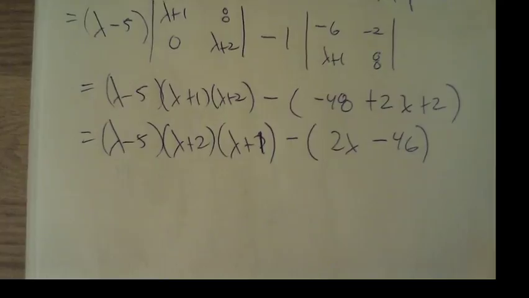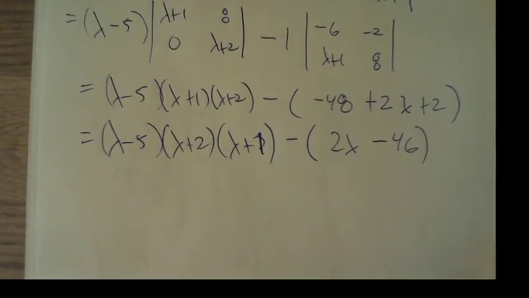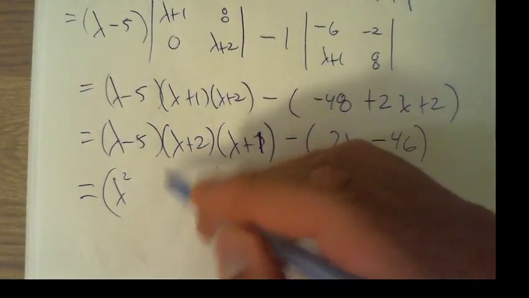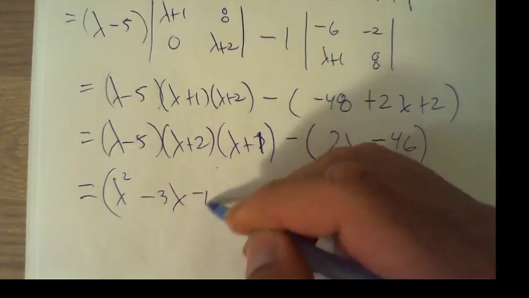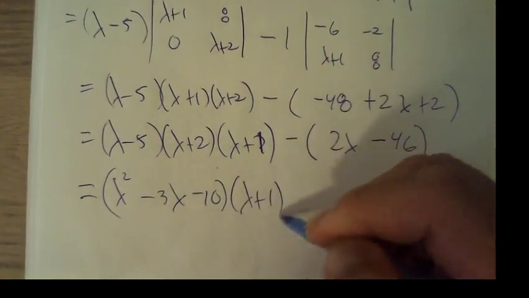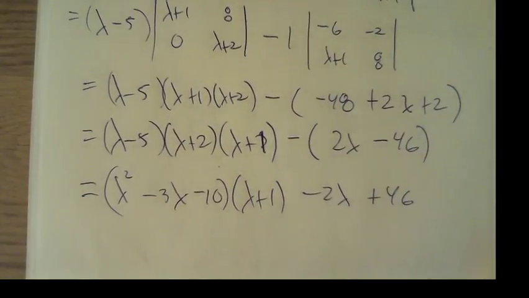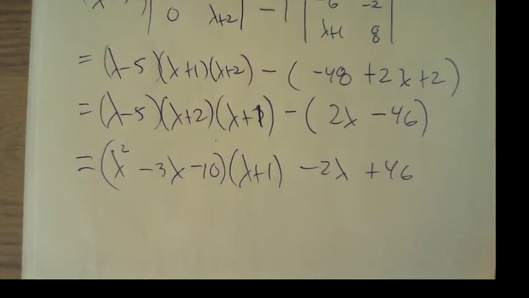All right, I'm trying to see if I can factor this, but it doesn't look like I'm going to have to multiply this out and get a big mess here. So let's see. From here we'd have 2 lambda, 3 lambda, 10.